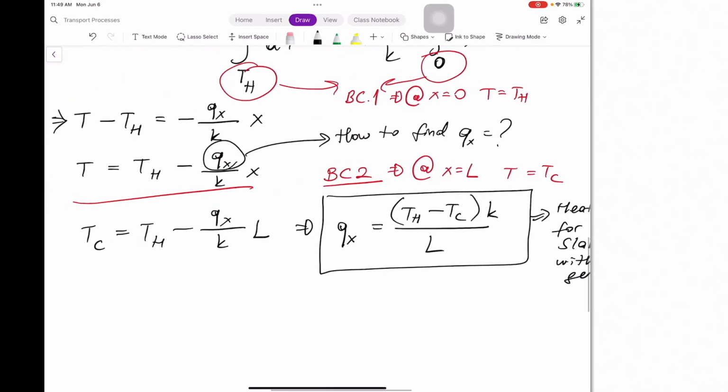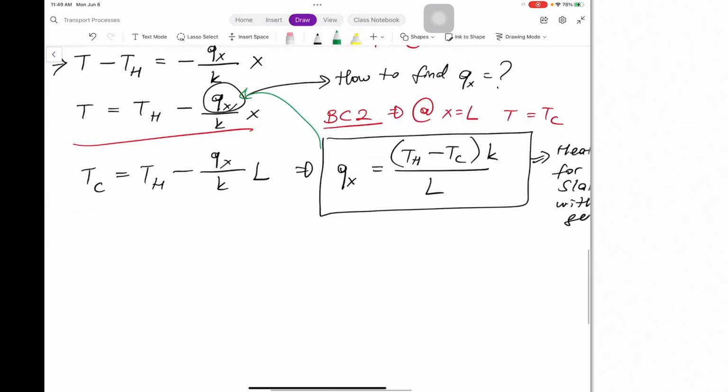And you can actually place this back into this equation to solve for T, and T comes out to be equal to T hot minus T hot minus T cold over L times x.